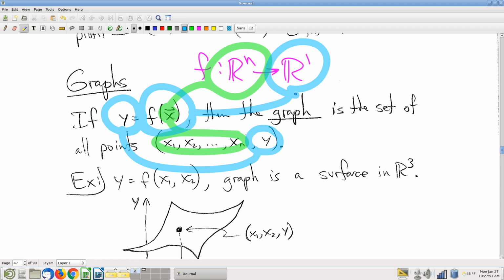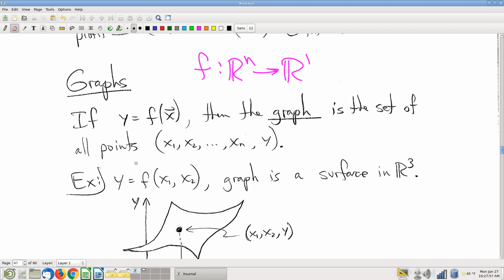Okay. So the first thing I want to point out about graphs with this construction is that they are what I'm going to call dimensionally weird. You would think that if you've got a function with n input variables, students kind of reflexively think, okay, we've got a function on Rn, so the graph is in Rn, and it's not.